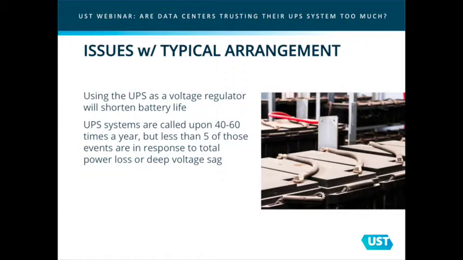The client now has a system where the voltage regulator conditions the power, as it's designed to do, to a tolerance of plus or minus 3% on the output, thereby relieving the UPS from day-to-day voltage regulation and allowing the UPS to be well prepared for an outage, should it occur.